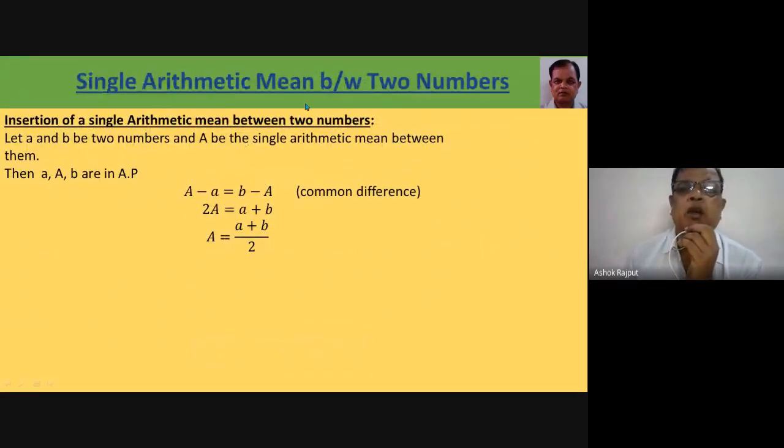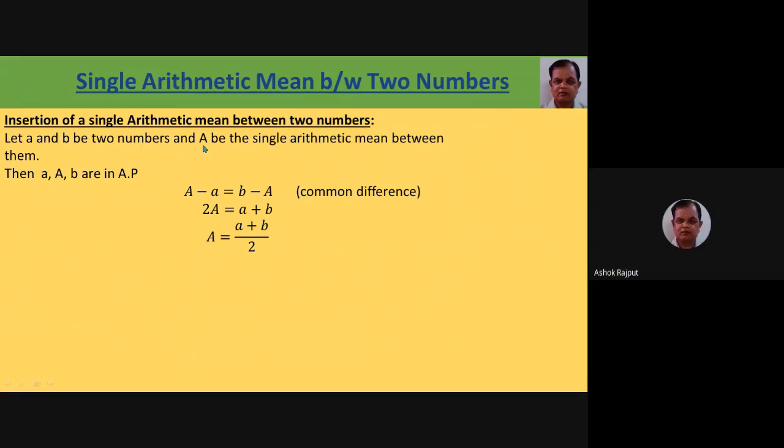Single arithmetic mean is written between two terms. If two terms are given and we want to find the arithmetic mean, as insertion of a single arithmetic mean between two numbers, let a and b be two numbers and A be the single arithmetic mean between them.